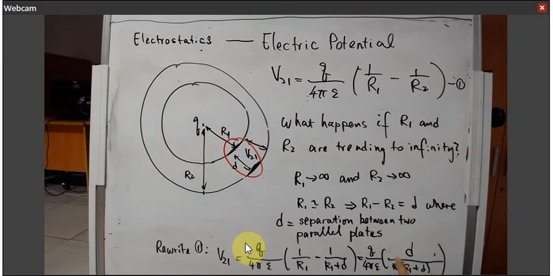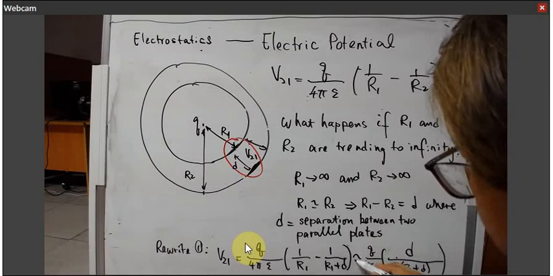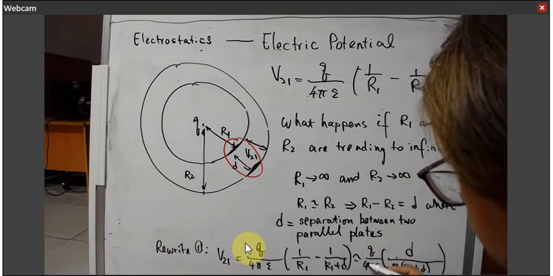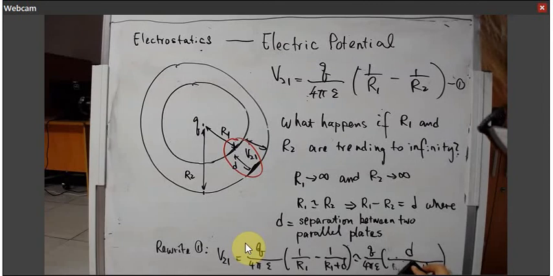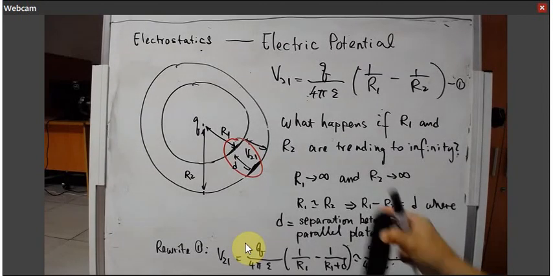It's infinitely large, and D should be relatively small. So in this case, we may just assume, this is the approximate expression, R1 square.